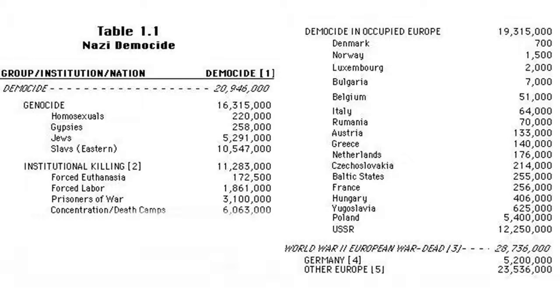So first things first, what we refer to as the Holocaust. A holocaust is a destructive fire that is destroying everything in its path. So they refer to what the Nazis did before and during World War II as the Holocaust.